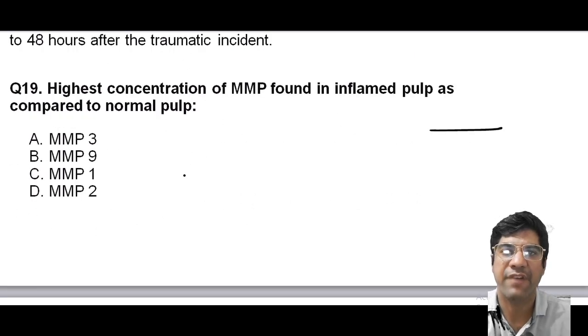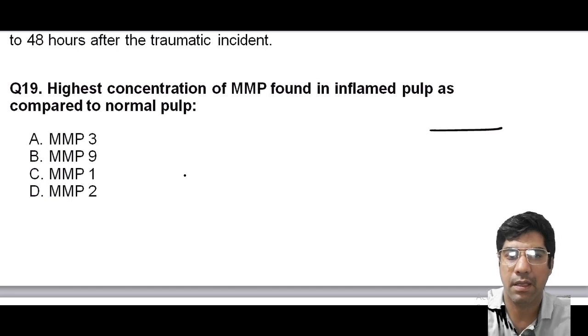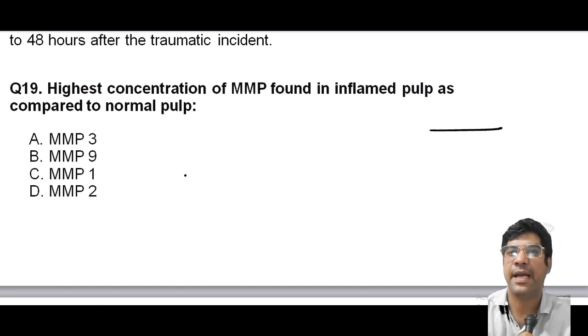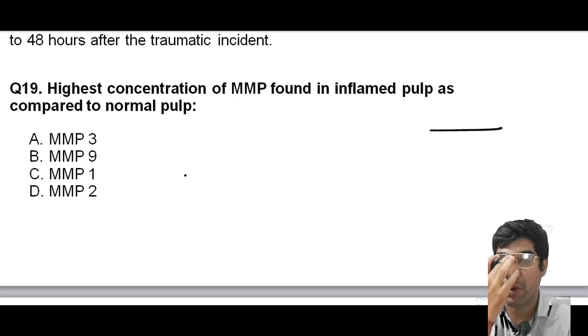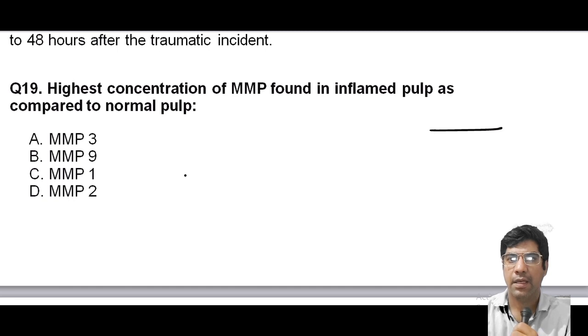Highest concentration of MMP is found in the inflamed pulp. MMPs, we know, are a group of enzymes that play a significant role in tissue remodeling.